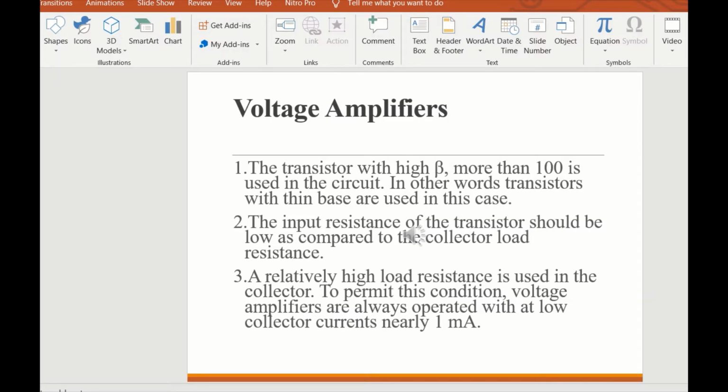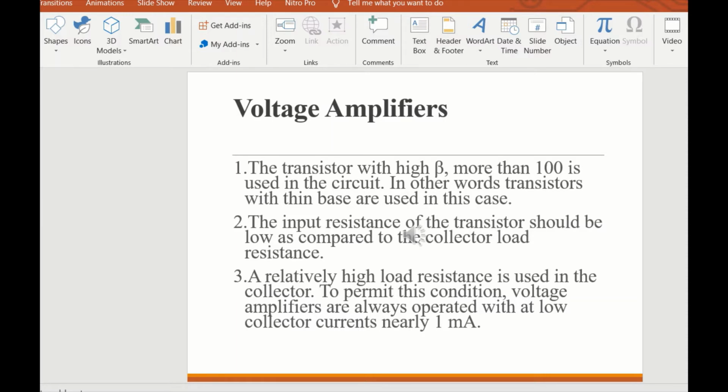Since current is in the range of milliamperes, the transistor base is very thin. These transistors had very low input impedance, low input resistance compared to the collector load resistance. That means the collector load resistance value is high and input resistance value is low in case of voltage amplifiers.